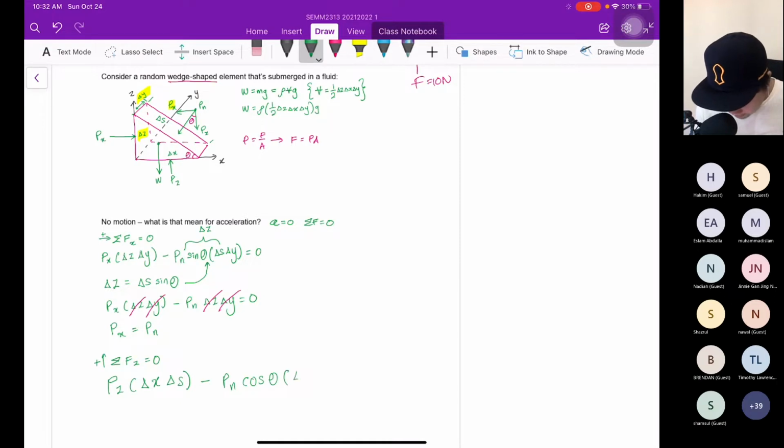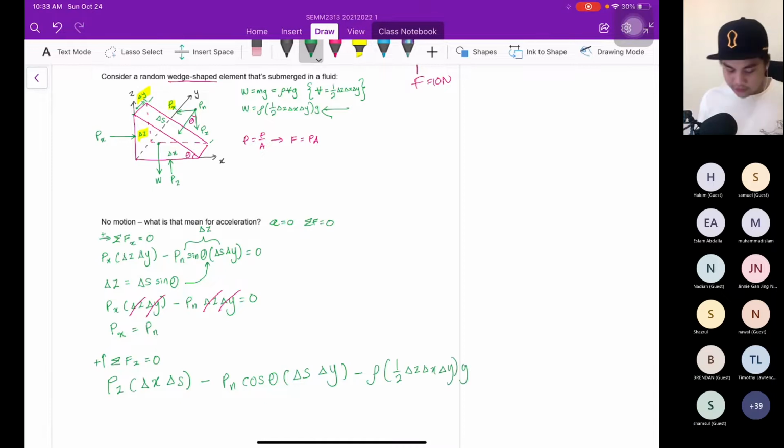Definitely the area is slanting delta S multiplied with delta Y. And then we have another force, minus W, which in this case, W equal to rho half delta Z delta X delta Y multiplied with G equal to 0.